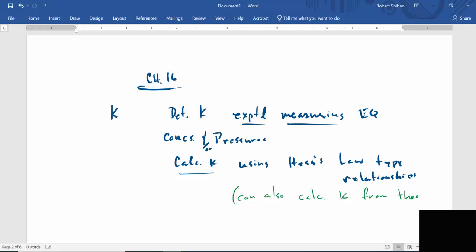So we're doing the experimental approach here, the observational approach. So this is K determined empirically from observation. But we can also calculate K from theory, thermodynamics. This is going to come later.